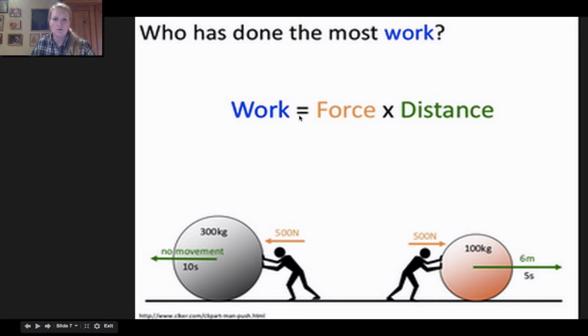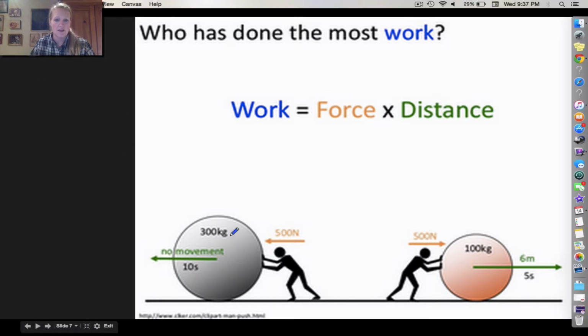Here's an example. Who has done the most work, this person or this person? They are both pushing with a force of 500 newtons. So they're both pushing with the same force. However, you can see that this person is showing no signs of movement. It's a much heavier object that they are pushing versus this person. There's a lot more mass in this object, a lot less mass in here.